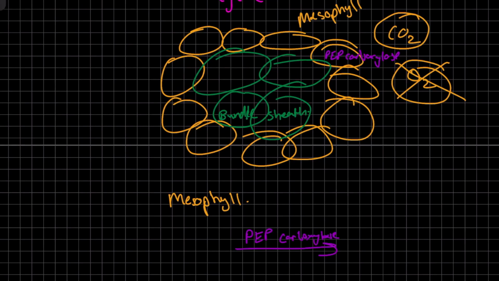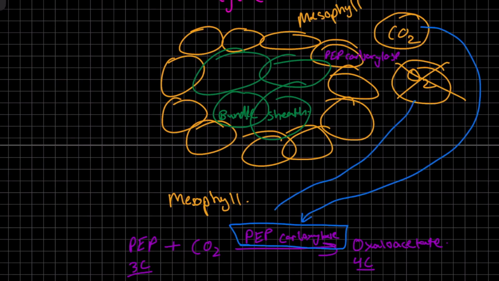In this case, PEP carboxylase catalyzes the reaction between carbon dioxide and a molecule known as PEP. This PEP is a 3-carbon molecule, and the addition of carbon dioxide to PEP produces a 4-carbon molecule known as oxaloacetate.